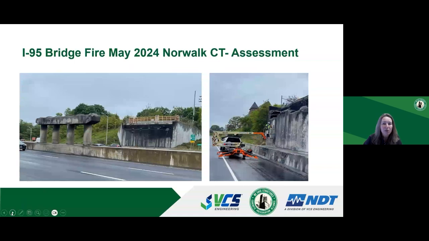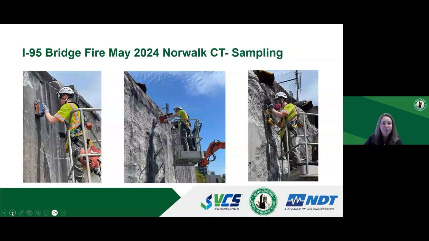Connecticut DOT wanted to see if the abutment could be potentially salvaged. So they contacted us to do some testing on the abutment. Our testing consisted of collecting samples as well as impact echo pulse velocity testing.